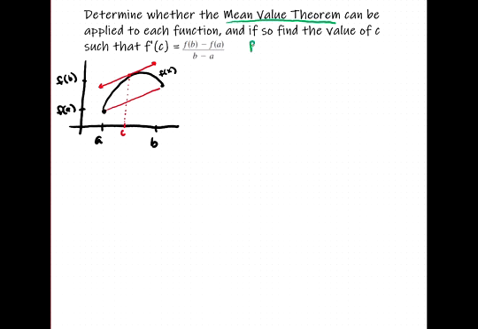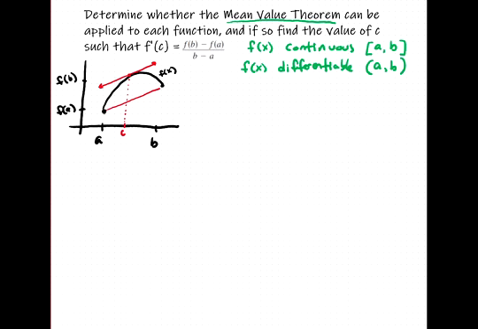We need f of x continuous from a to b, so the closed interval, and we need f of x to be differentiable, or the derivative exists, between a and b, so the open interval a to b. We don't care if the derivative exists at the endpoints. Okay, so if those two criteria are met, then we could apply the mean value theorem.